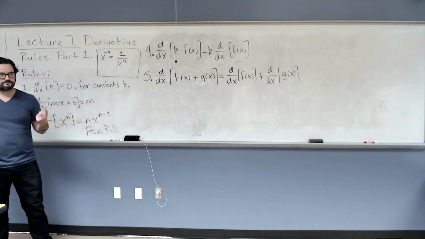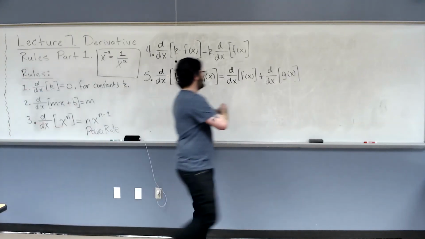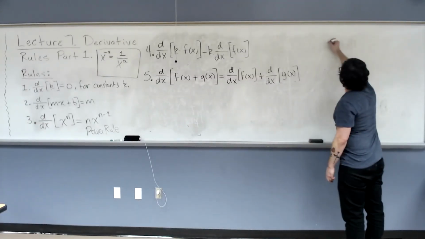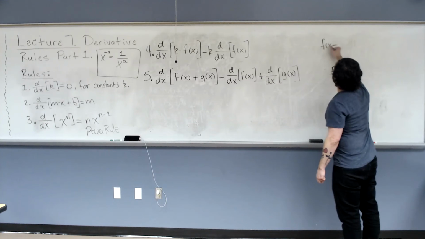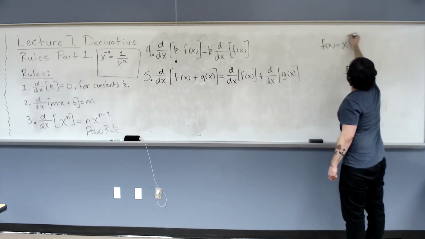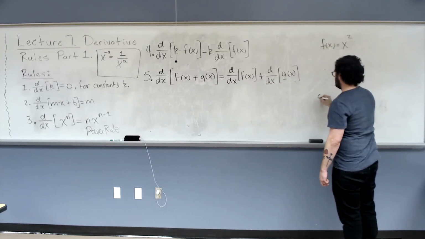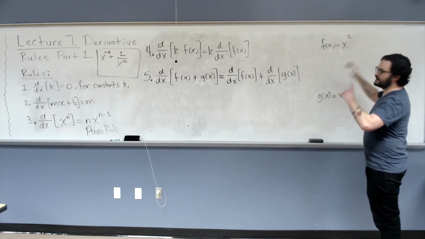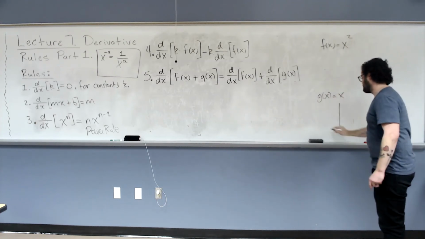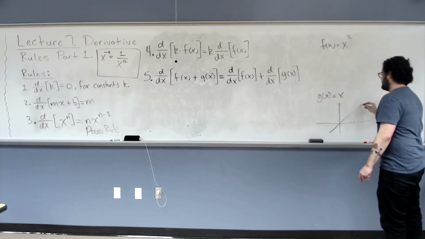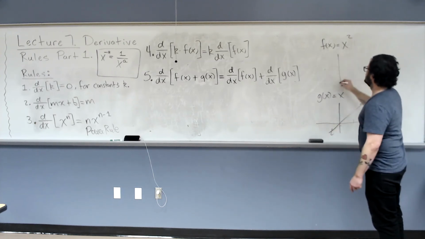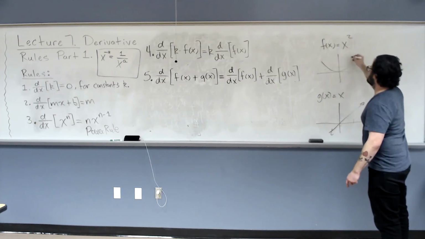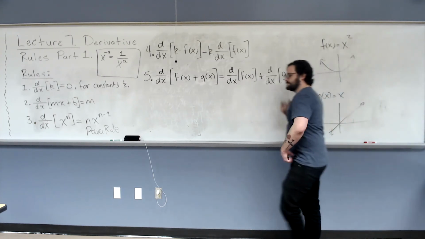If you broke it up into two pieces, with f of x being x squared and g of x equal to x, and you didn't plot them as one function, you just looked at them separately. Here's the graph of g and the graph of f, right?